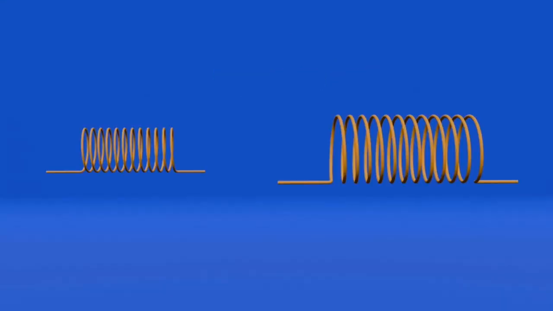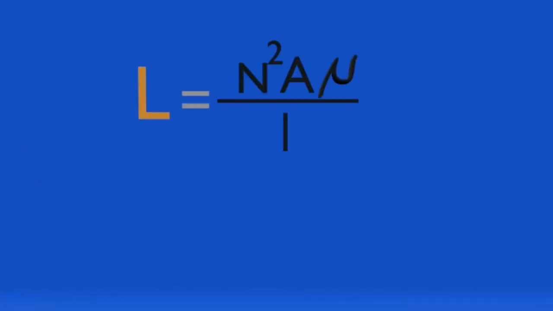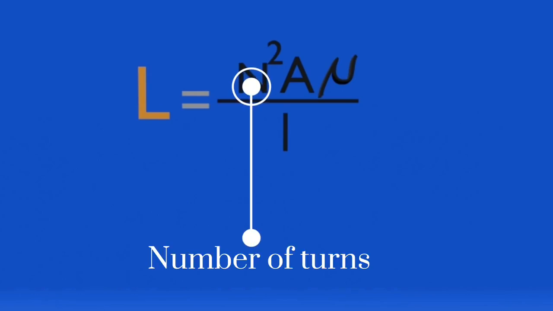For example, if we look at the inductance of a solenoid, the inductance is expressed as this. From our inductance equation, the n square term refers to the number of turns of the inductor.